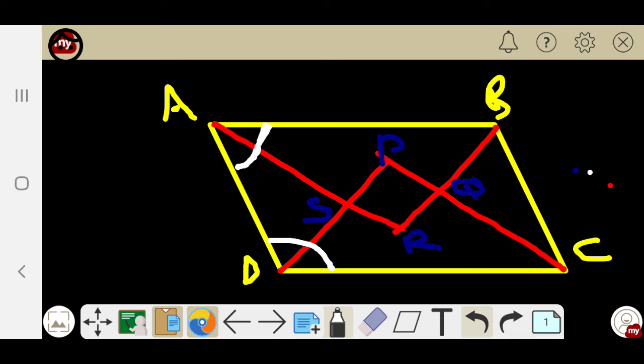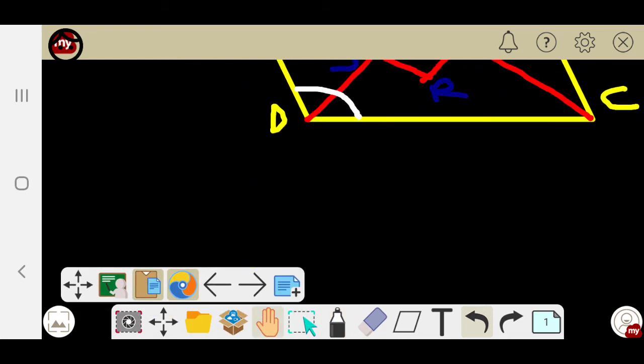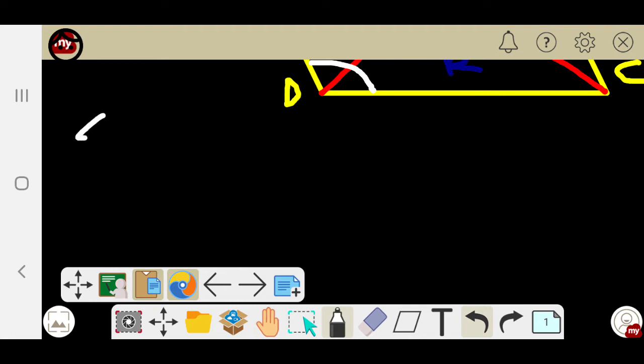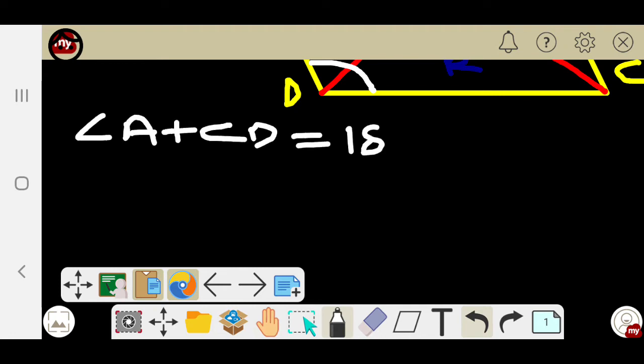Then what can we write? Angle A plus angle D equals 180.